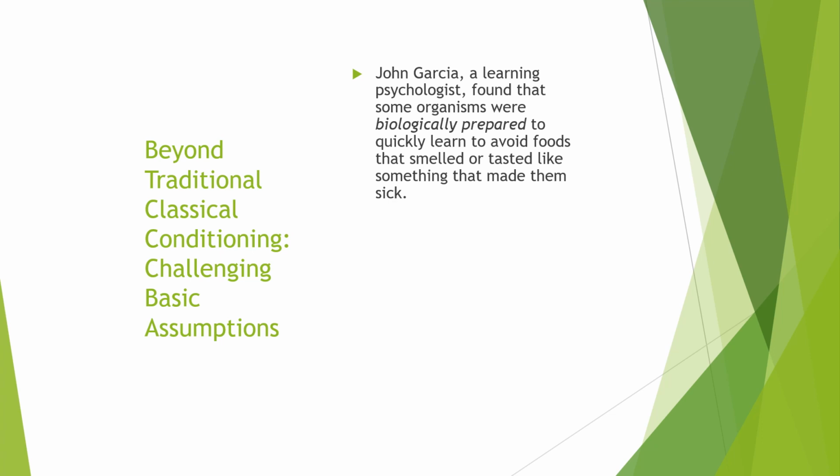And he found that some organisms are biologically prepared to avoid certain foods. And these foods are ones that smelled or tasted like something that previously made them sick. This is something that you probably have experienced before, and we call it taste aversion.